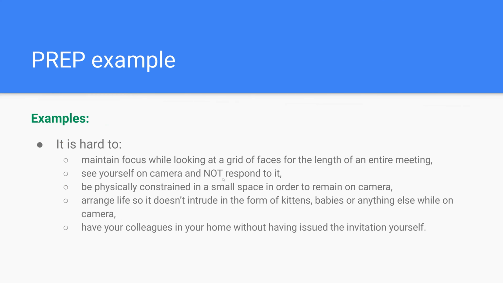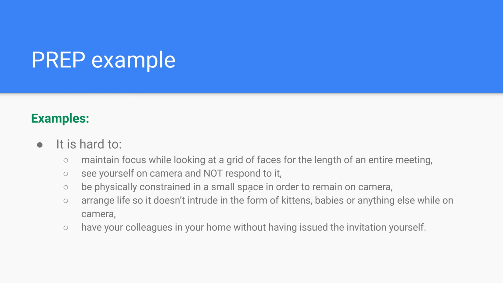So our examples of why they're having trouble include maintaining focus when you're staring at a grid of faces, seeing yourself on the camera and not responding, being physically constrained in a small space, having to sit in that upright position in front of the camera the whole time, or having to arrange different aspects of your life, like if you have children or animals or other people who share your space where you're required to have these meetings, having to rearrange them every time you have one would make it very, very difficult.